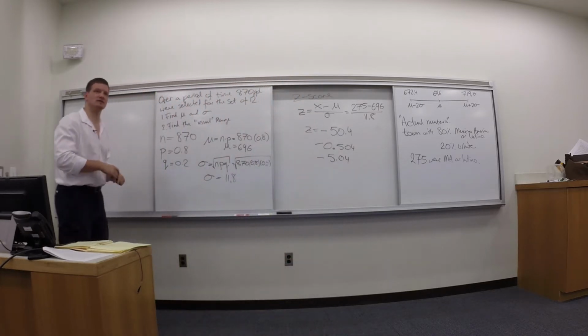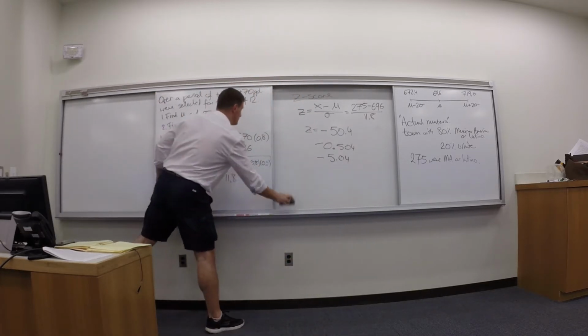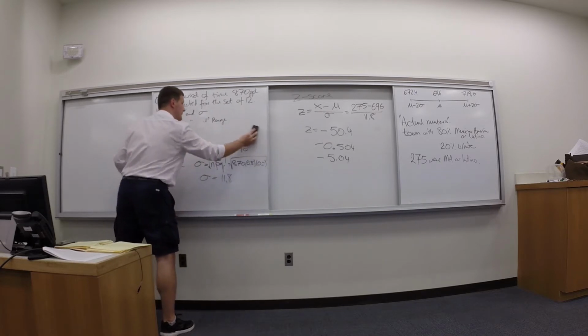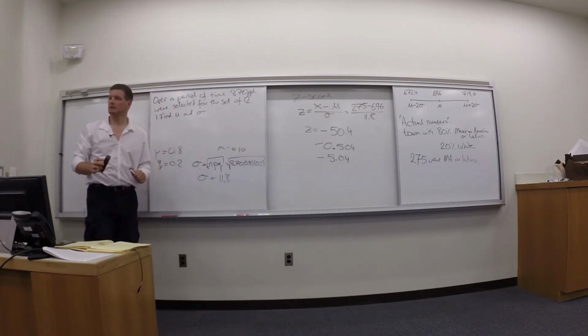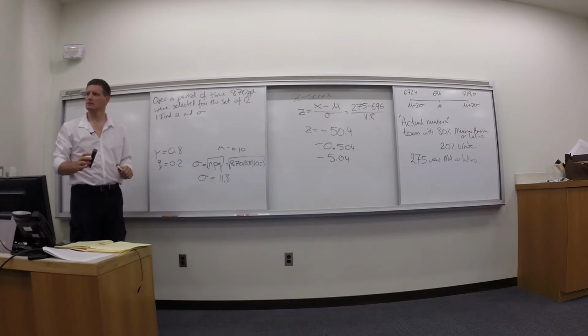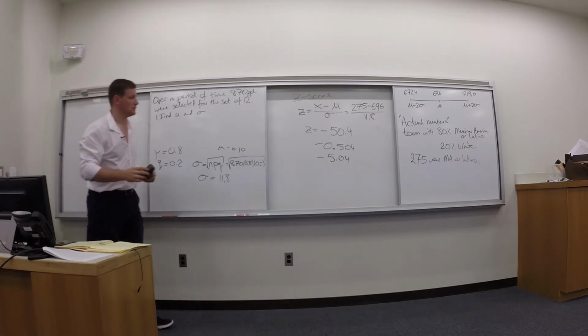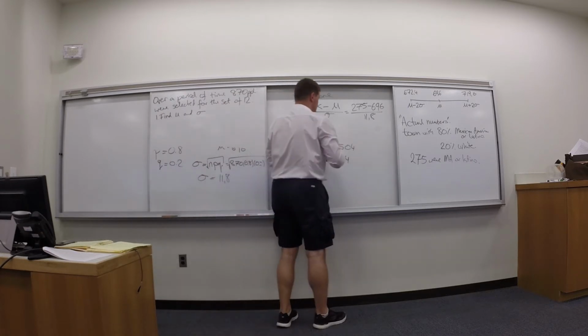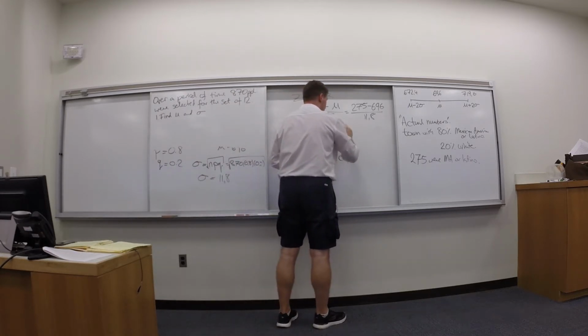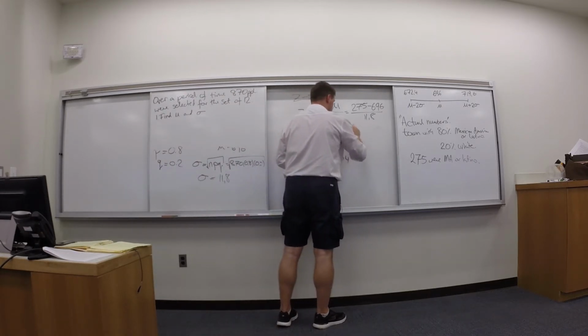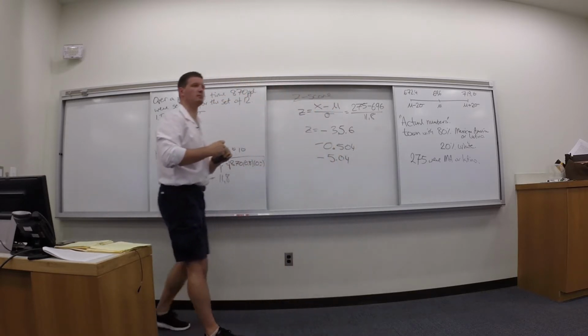If you just plug in all the things in line, you're going to get the wrong answer. All right. Sorry? 35, not 50? Yeah, 35.6. Okay. 35.6. Still freaking impossible.